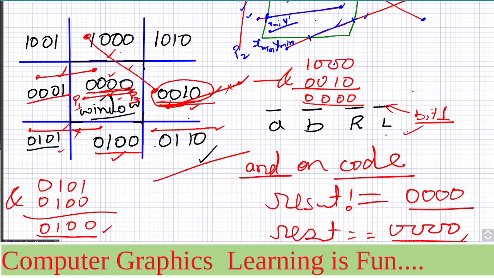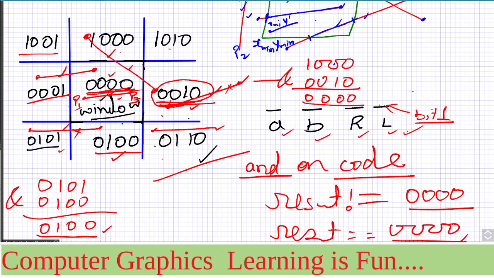Bit 1 is left, bit 2 is right, 3 is below and the 4th is above. So using this coding technique, we have coded all the 9 positions. Inside the window it is 0,0,0,0, and the other places we have already coded.